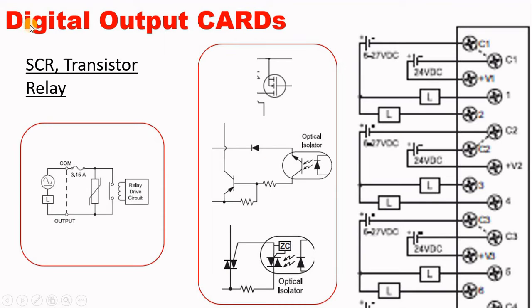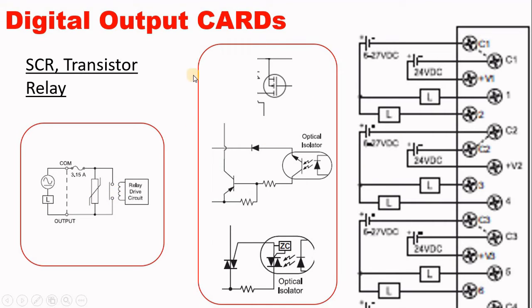Here we can see digital output cards. There are two types of cards. One of them is transistor-based, like an SCR or TRIAC, and the other one is a relay-based digital card. This is the big difference between both of them. The relay can give you a dry contact.